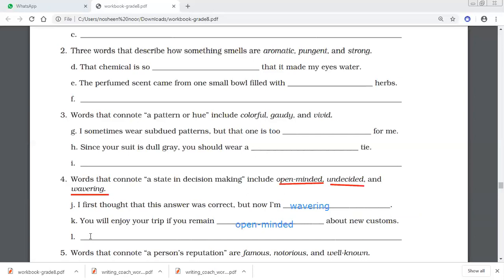Now we have to use undecided. I have made a sentence. I'll write for you.